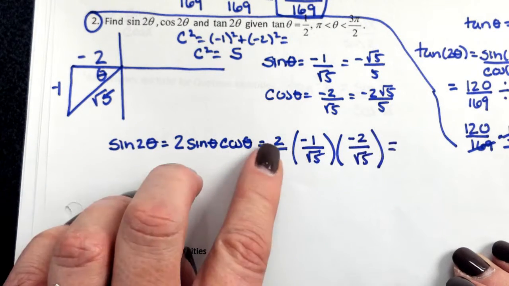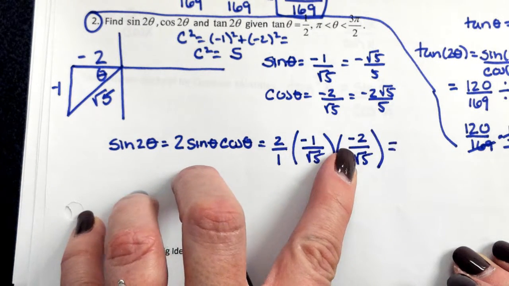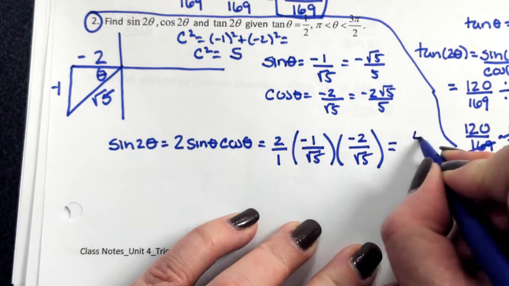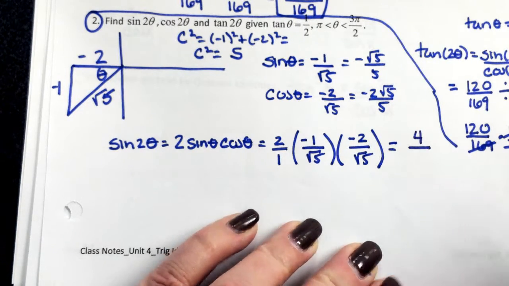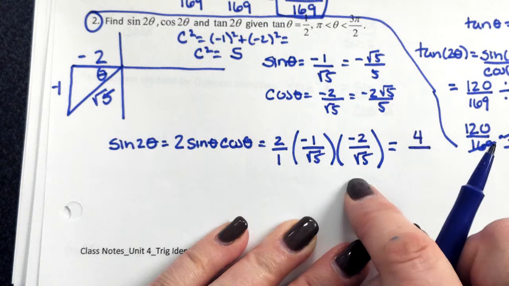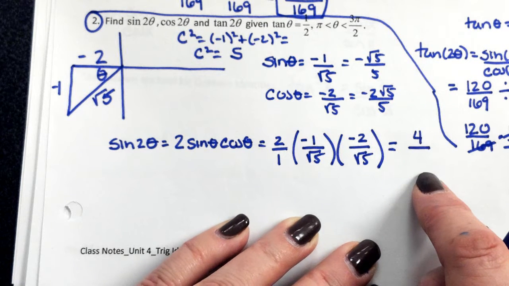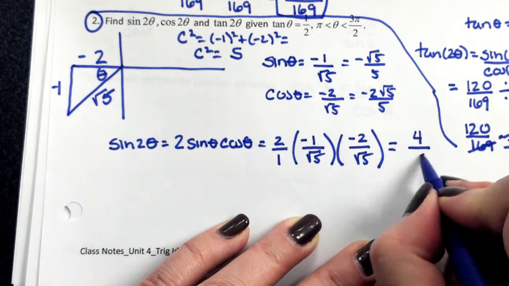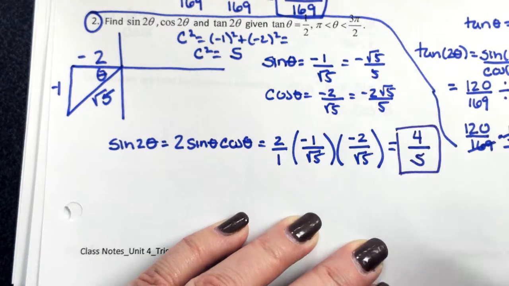Multiply straight across. 2 times negative 1 times negative 2 is going to give me a positive 4. Over 1 times square root 5 times square root 5, what's this denominator going to look like? That's just going to be a what? 5. So there's your sine of 2 theta.